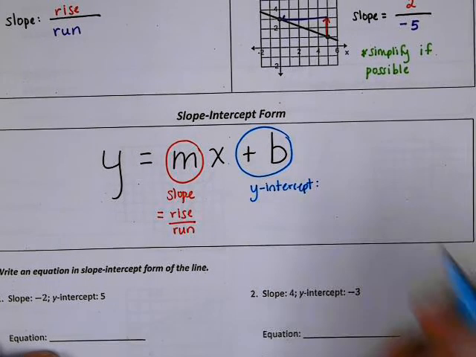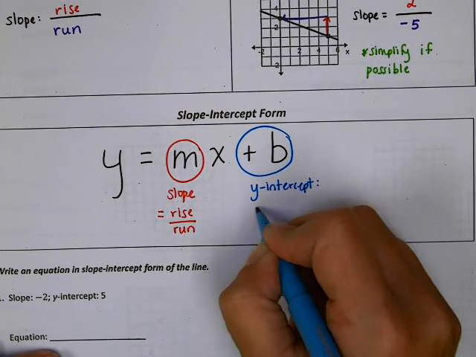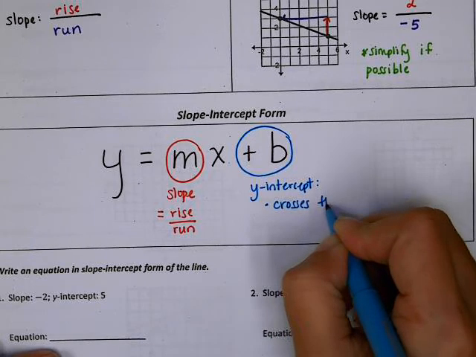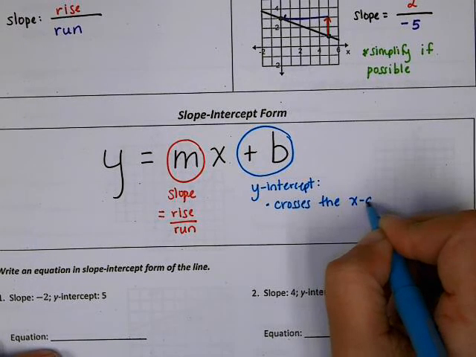Which we find by looking for where the graph crosses the y-axis.